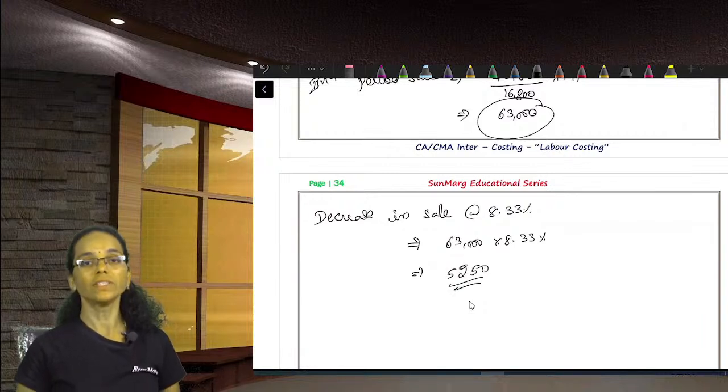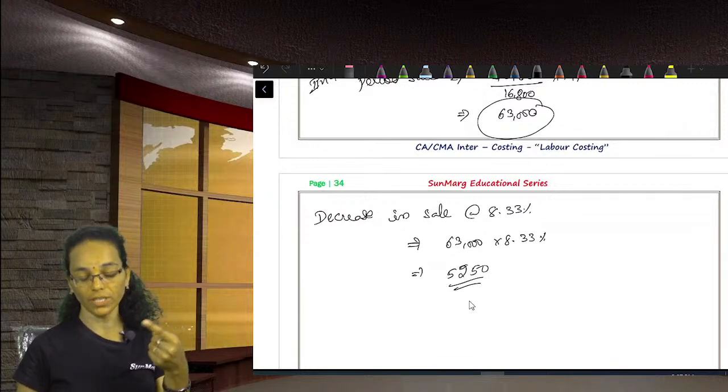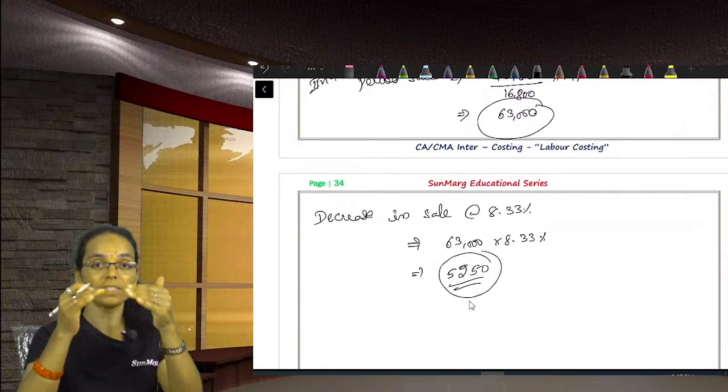So this loss is because of the decrease in the selling price.